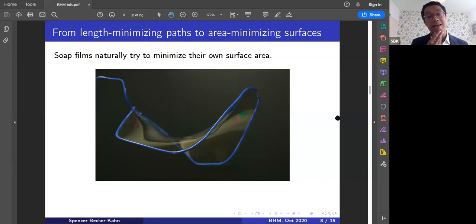Okay, so as I say, this is a classic experiment used to demonstrate or motivate minimal surfaces. The historical narrative is that back in the 18th century, the mathematical abstract version of this problem was first asked.